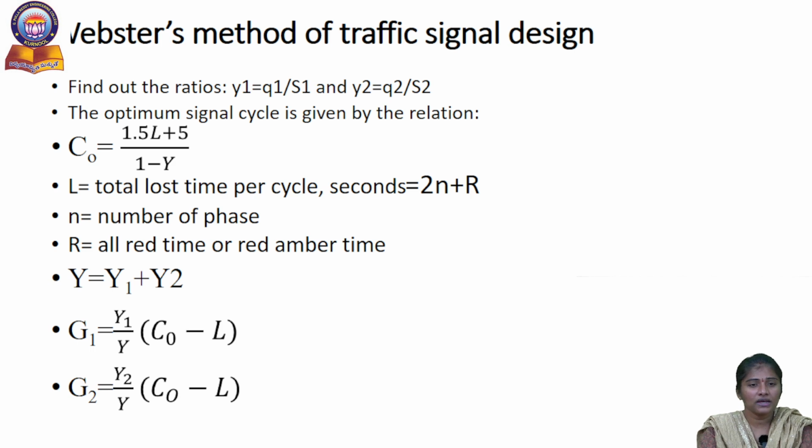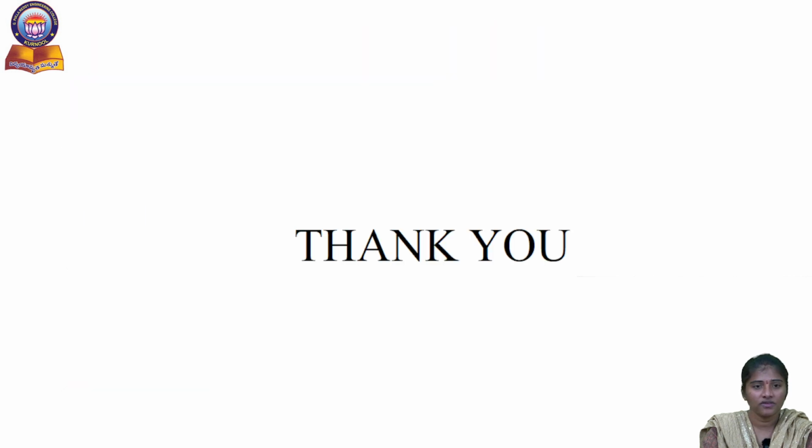You can calculate capital Y as Y1 plus Y2, and we can calculate green time for each approach, that is G1, where one indicates the first approach, and second one is the second approach. You can calculate green time for each approach by considering the formula G1 equals Y1 by Y into (C0 minus L). So this is about the Webster method of traffic signal design. Thank you.